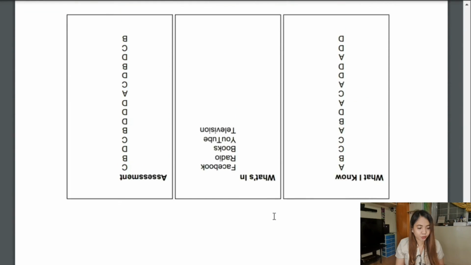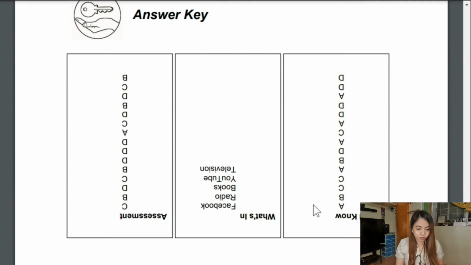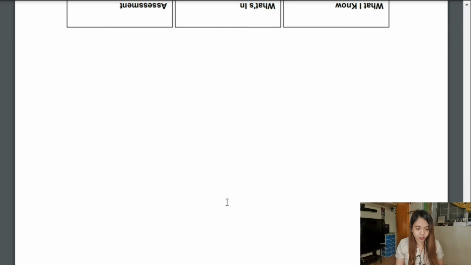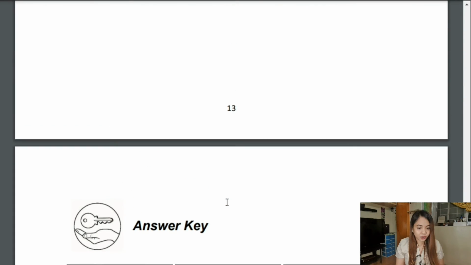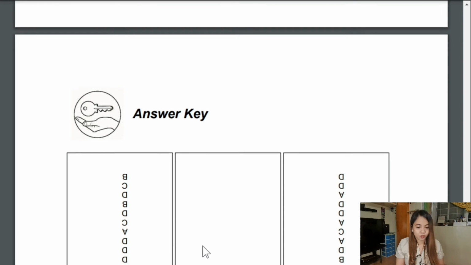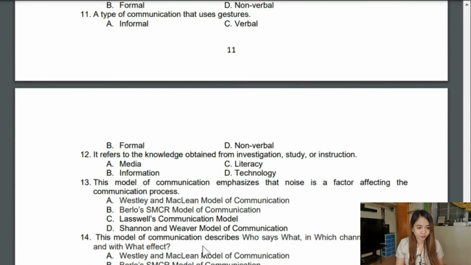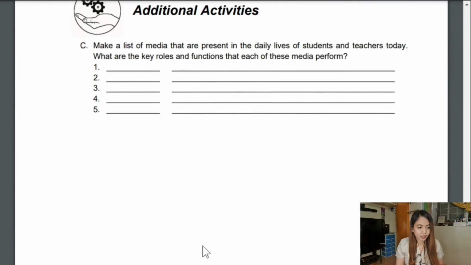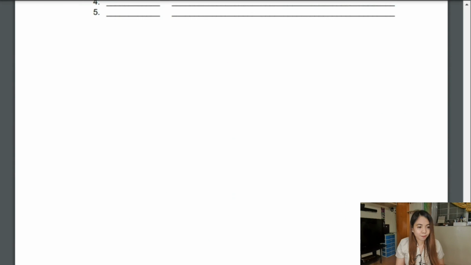Again, if you are going to answer the first part of the module, please do not look at this part, because that's cheating, and you will not know what are the things that you have learned if you already looked at the answer key. Okay, so that's the module number 1 in MIL.